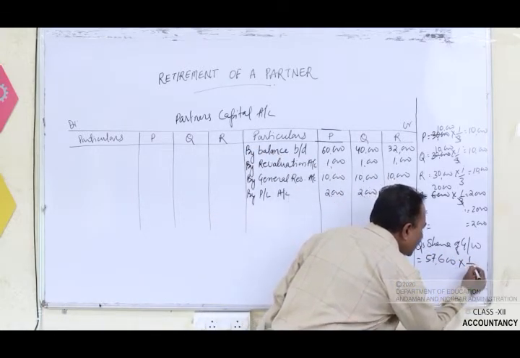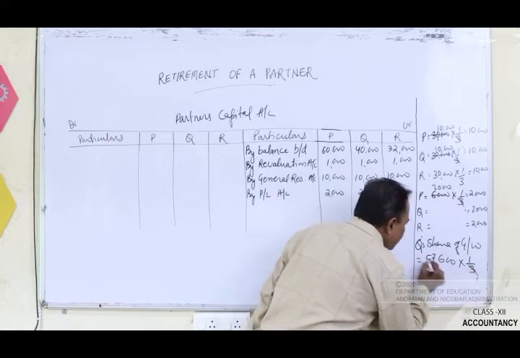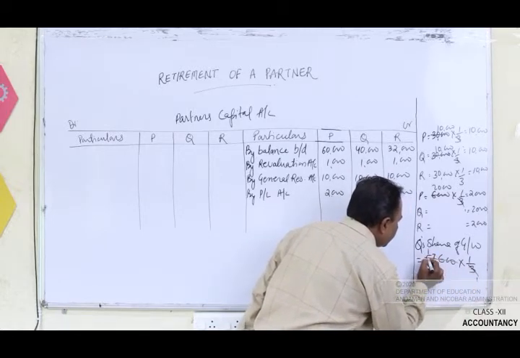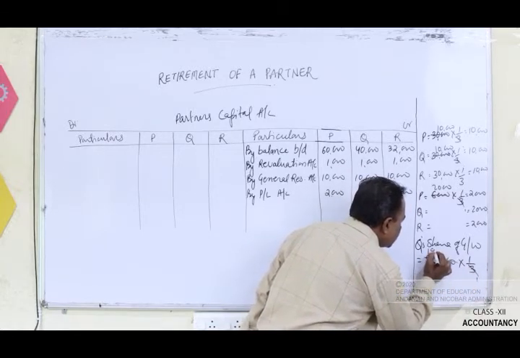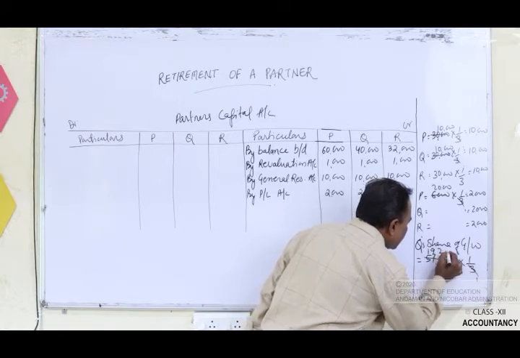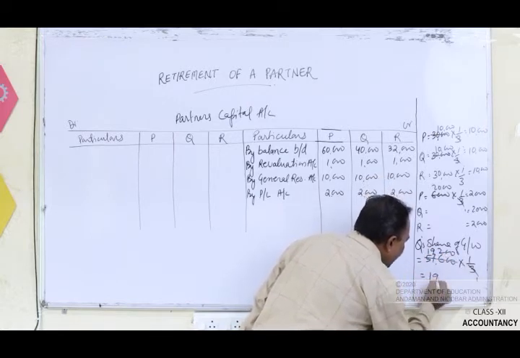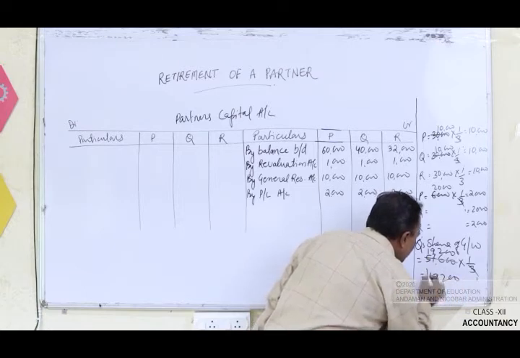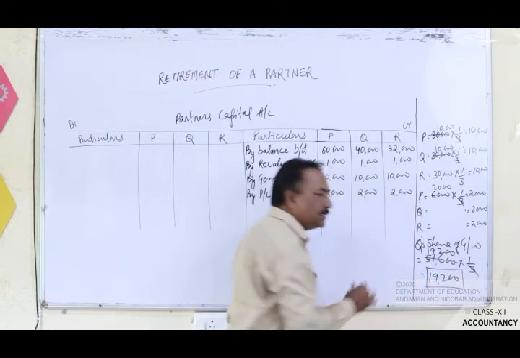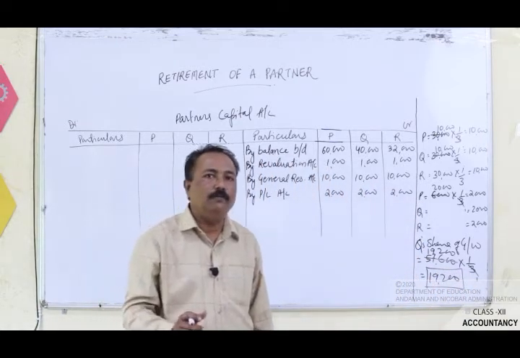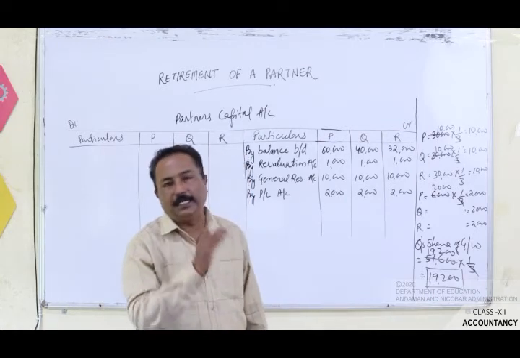It was 1 by 3. Let us calculate this. 9 is 27. So, it is rupees 19,200. So, 19,200 rupees is the share of goodwill that Q should get.